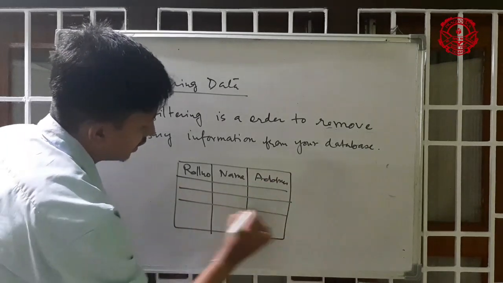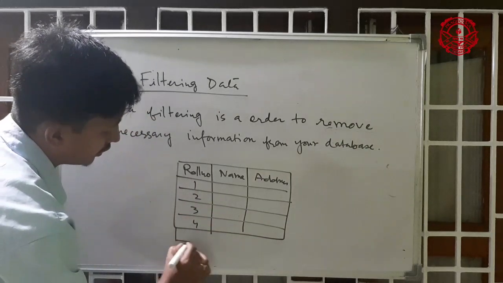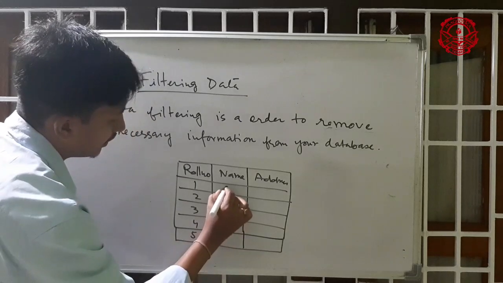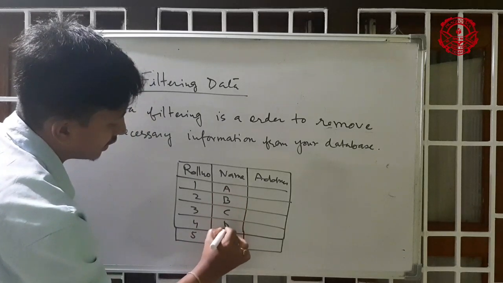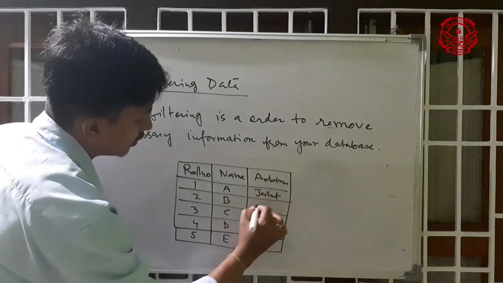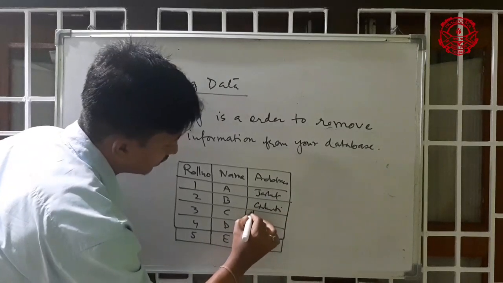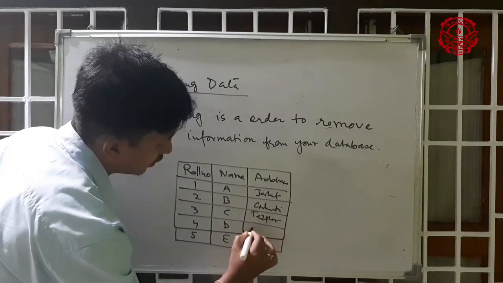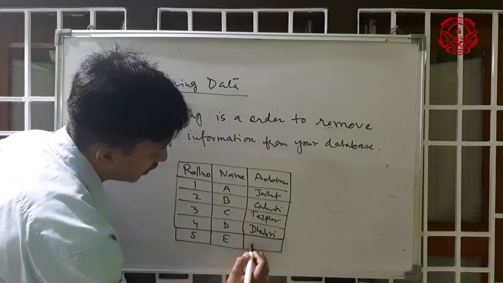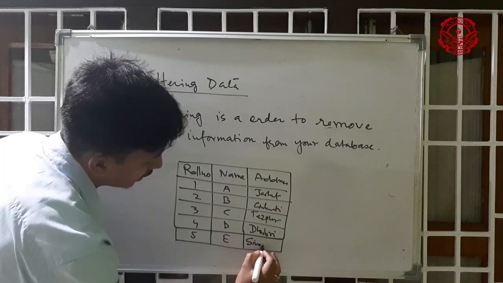Roll numbers 1, 2, 3, 4, 5. Names A, B, C, D, E. Addresses: Jorhat, Guwahati, Tezpur, Dhubri, and Sivsagar.